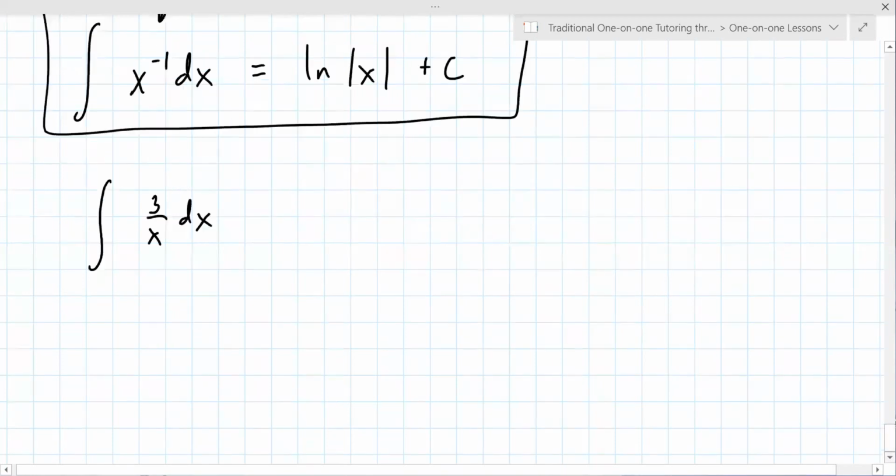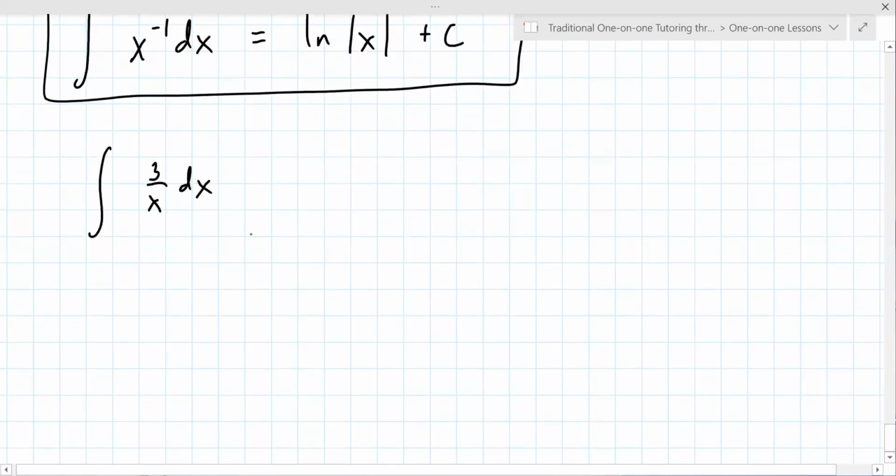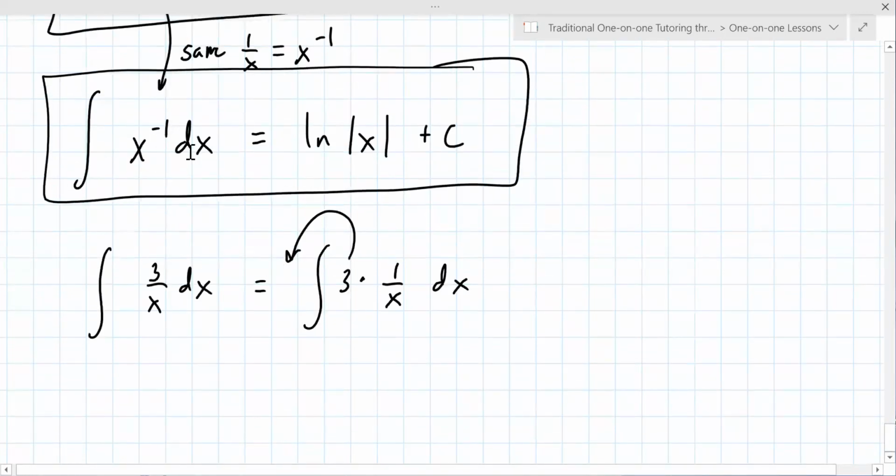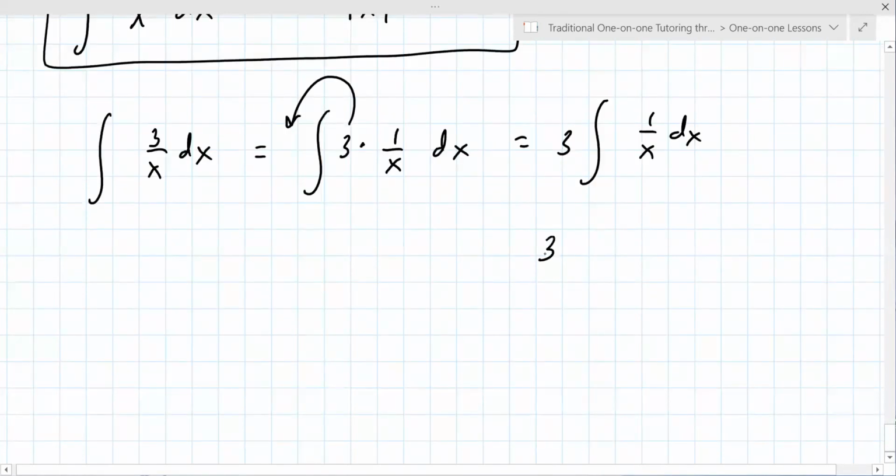This is rewritten as 3 times 1/x dx, so 3 times x to the power of -1, and I would keep writing this for now. So this becomes 3, and then the integral of this right here is the natural log of the absolute value of x plus c.